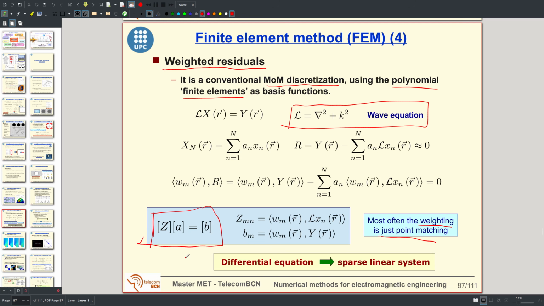But now the linear operator is a differential equation, and as a result you will get a sparse linear system, very similar to the linear system of the finite differences, but with other coefficients, because now the unknown has been approximated not with a regular grid, but with these finite elements that can be as close to the boundary as we want if we increase the degree of the polynomials that approximate the boundary.